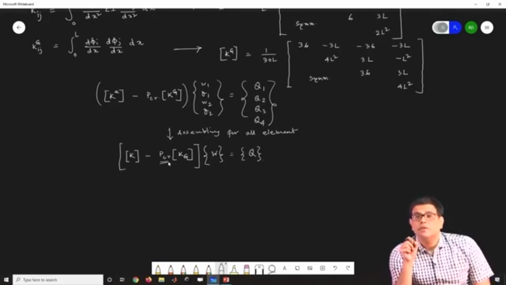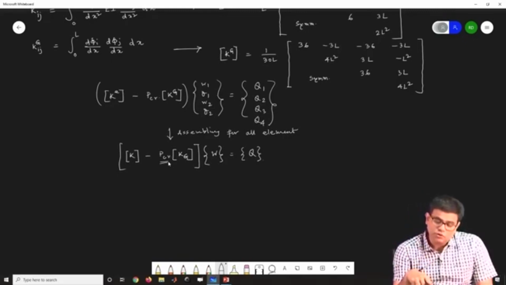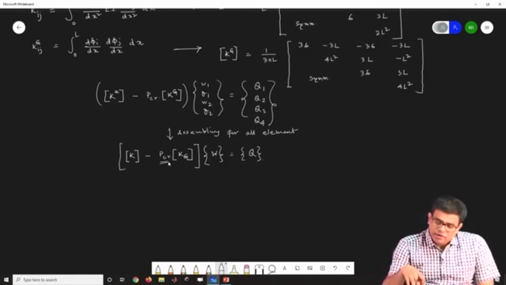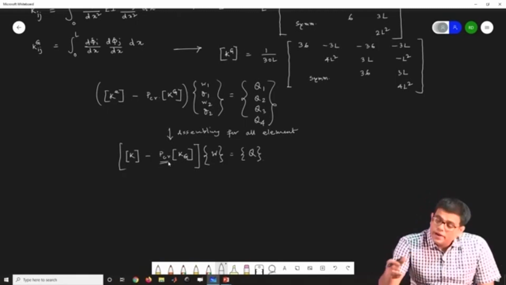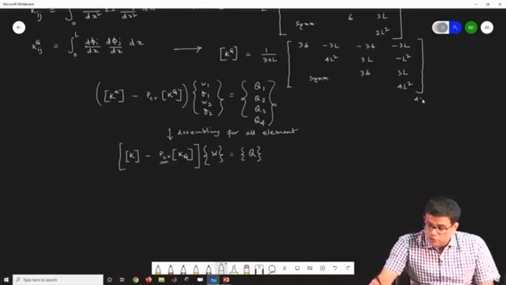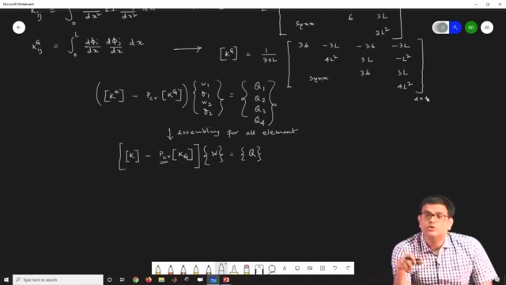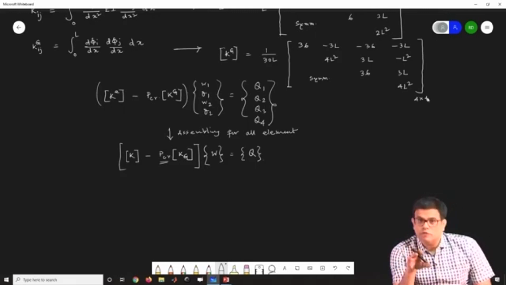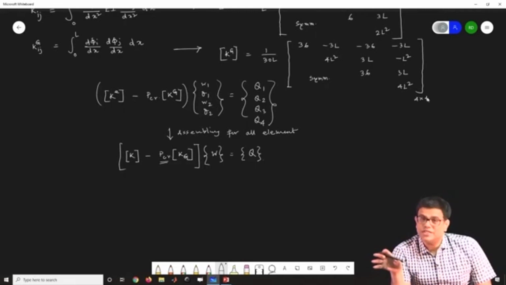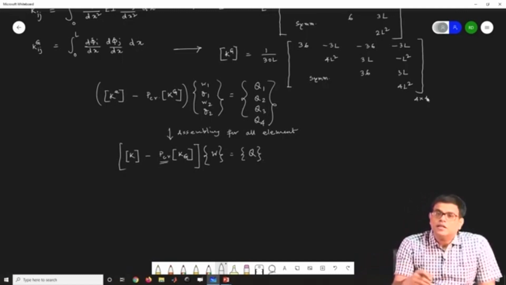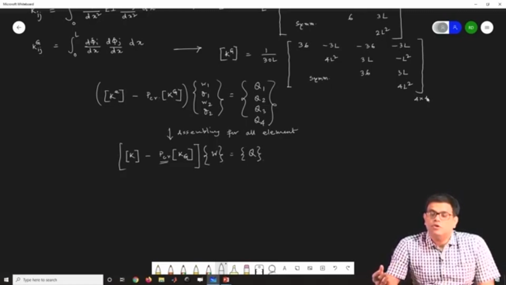The matrices will be 22 by 22 for 11 nodes, and Kg will also be a 22 into 22 matrix. Obviously some of the degrees of freedom are specified and you have to put in the boundary conditions. Then you solve the standard eigenvalue problem.